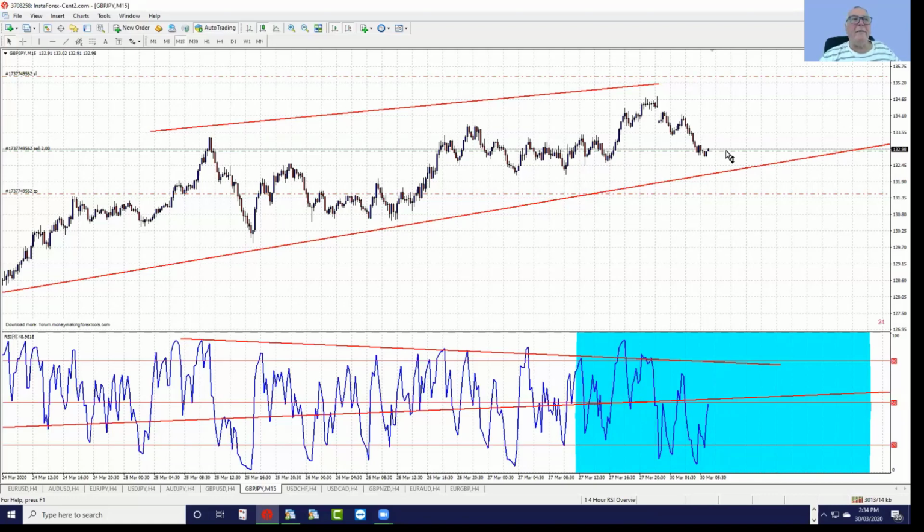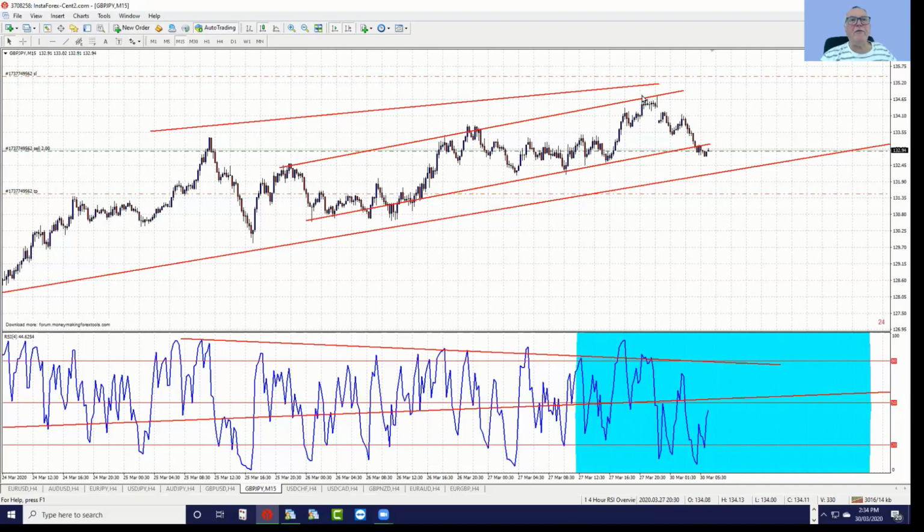There are times when small stops are appropriate. For instance, here's a semi channel. It's not quite a channel, but let's say that's a channel, and you feel that bouncing point is an incredibly strong bouncing point, then you needn't have a 300 pip stop. You can actually have a 50 pip stop and go for a 150 pip target.